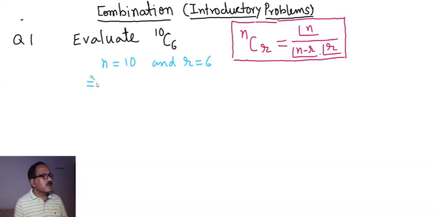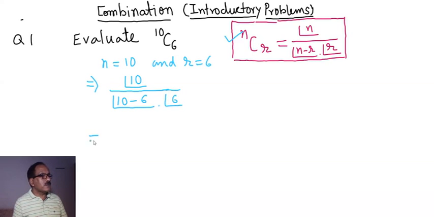So by using this, we will write factorial n means factorial 10 upon factorial 10 minus r, that is 6. 10 minus r means 10 minus 6. In place of r, we will put 6 into factorial r means that is factorial 6.